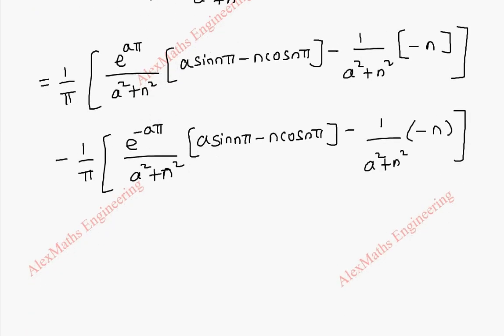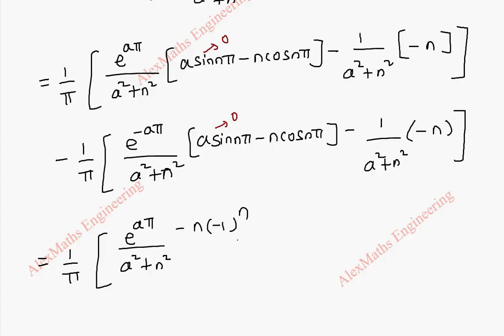After applying the limit, sin n pi is anyway 0, even this will become 0. Cos n pi is (minus 1) whole power n. So this is 1 by pi, e power a pi by (a square plus n square) into minus n into (minus 1) whole power n. This is the first term, this is the product.